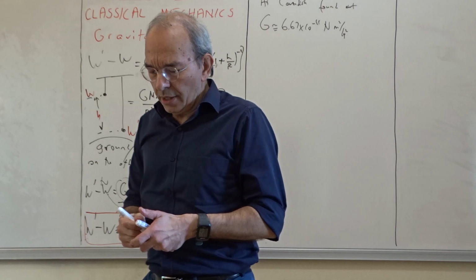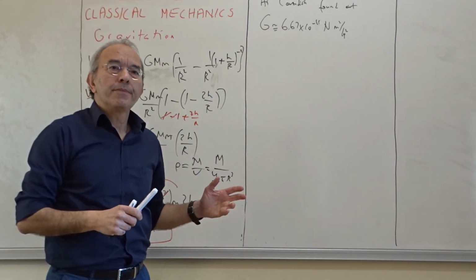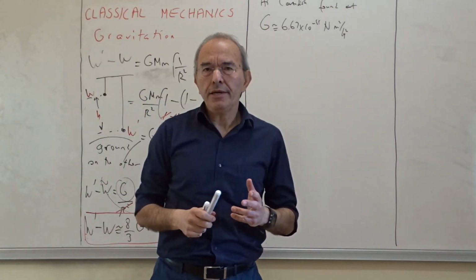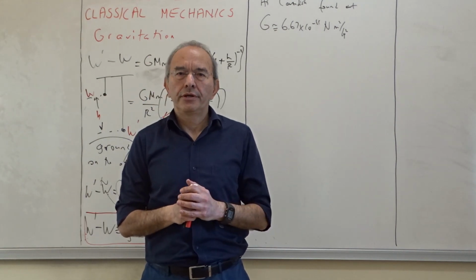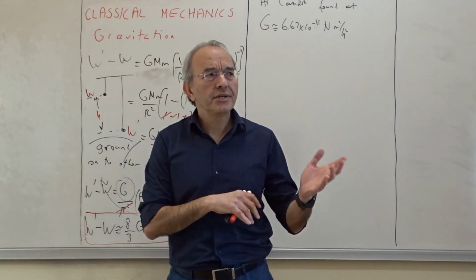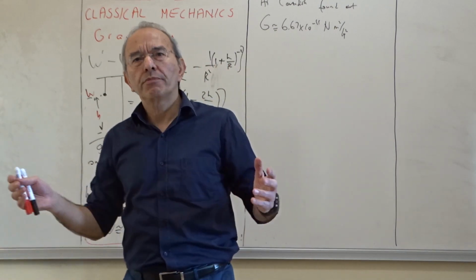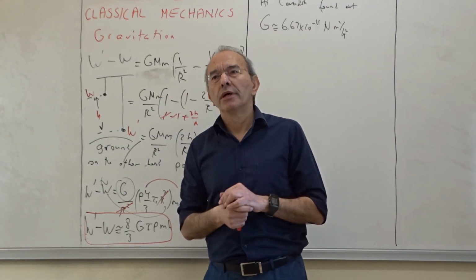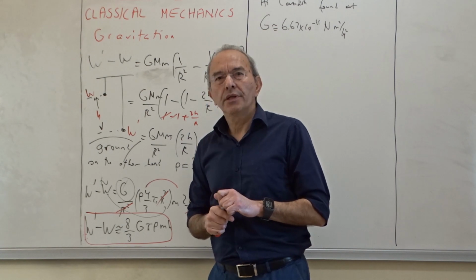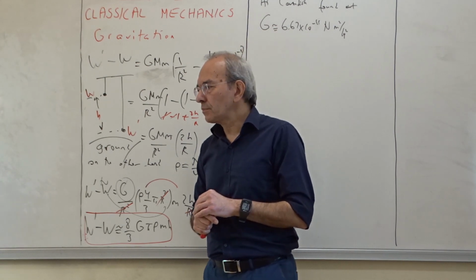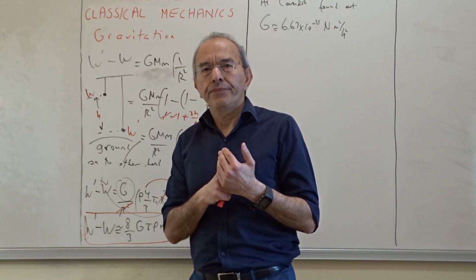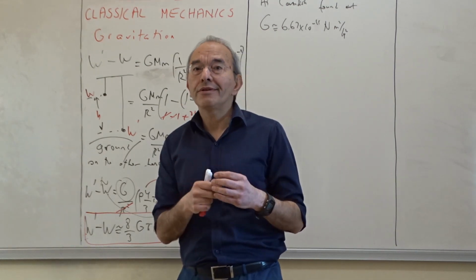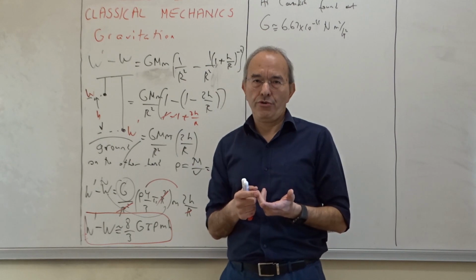However, after having found this capital G numerically, they could find several other masses, distances, several pieces of information in the astronomical sense, and then they could find the overall general density of the Earth.